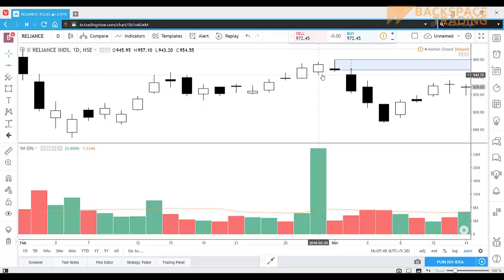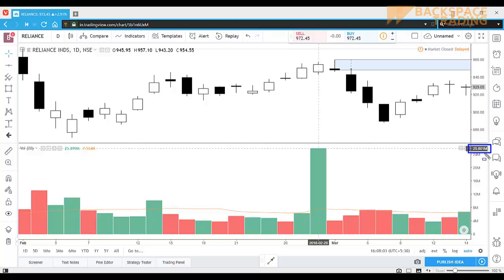The low is 943, the high is 957. For that 12 to 15 rupee move, there were 25 million shares being transacted, either on the buy side or the sell side, mixed.